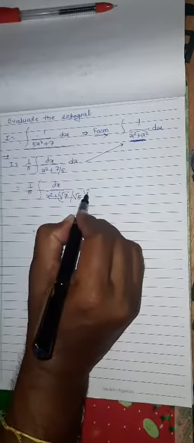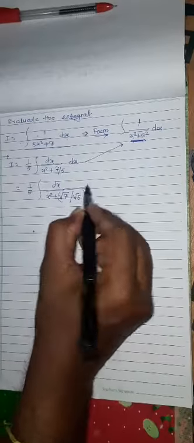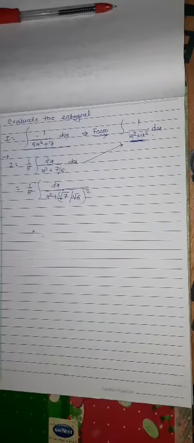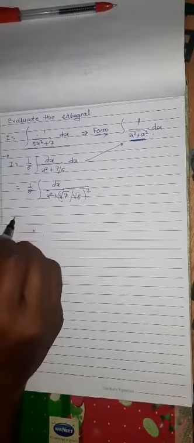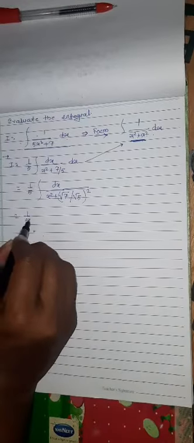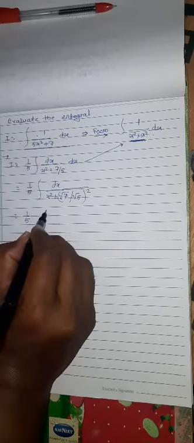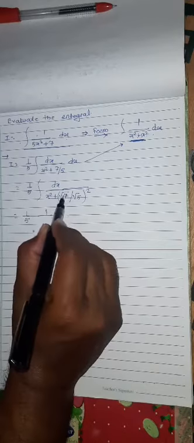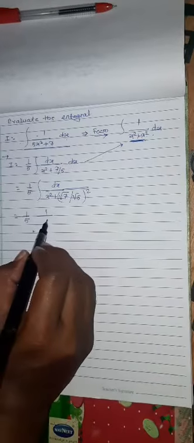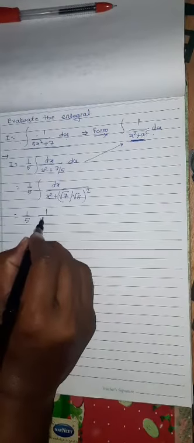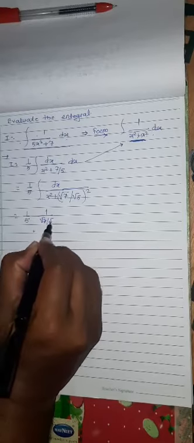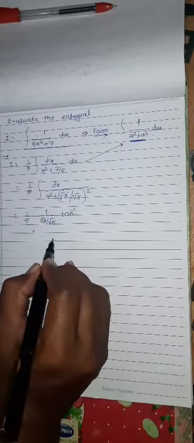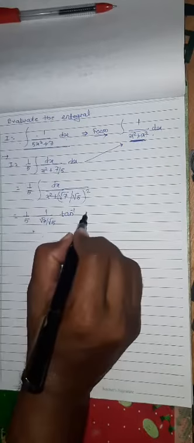Now solve it. 1 upon a means, here a is under root of 7 upon under root of 5, so it is under root of 5 upon under root of 7 into tan inverse of x upon a.